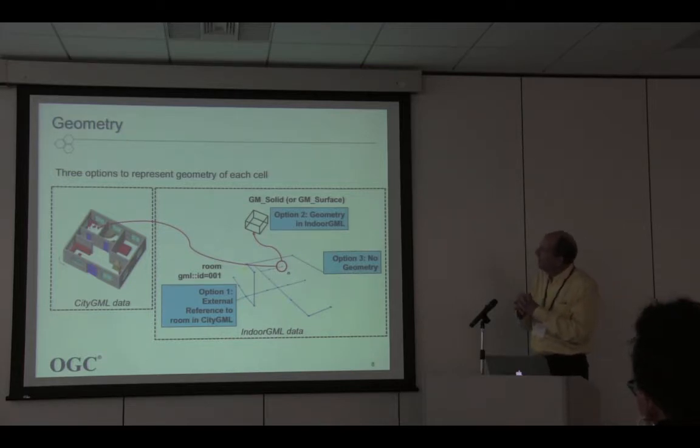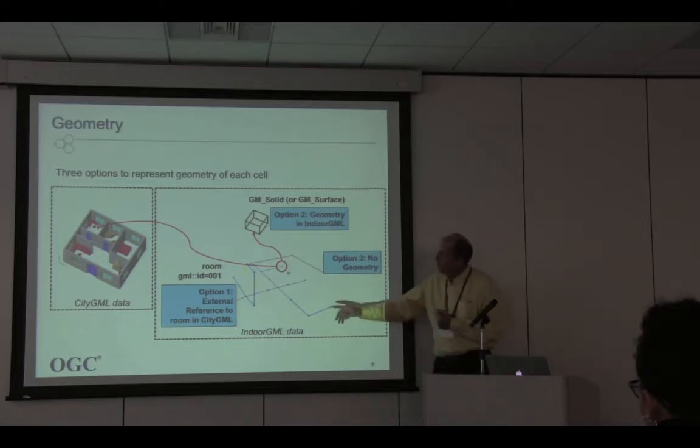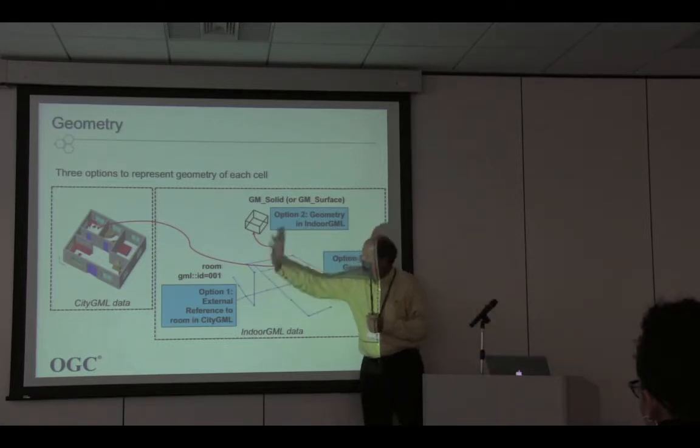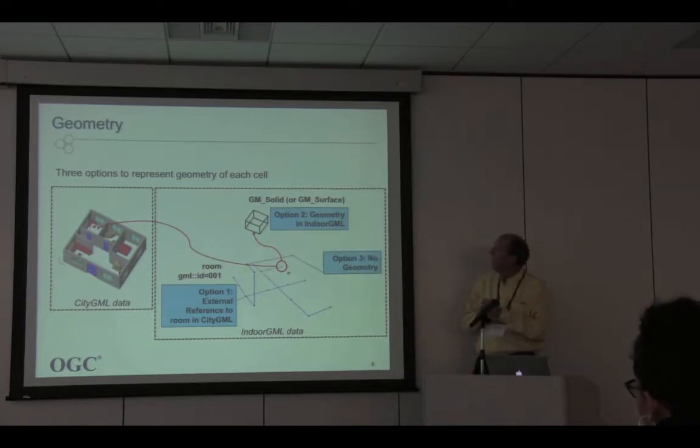And IndoorGML, then you're going to connect to those geometries in a variety of different ways. Essentially, IndoorGML can either point to a CityGML geometry, so it doesn't actually include it in the IndoorGML, it points to a CityGML model. There's some geometry that can go in IndoorGML, or you might have no geometry whatsoever.